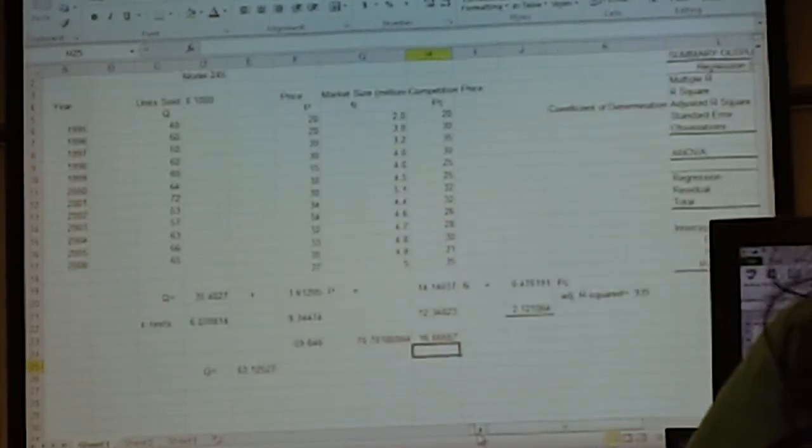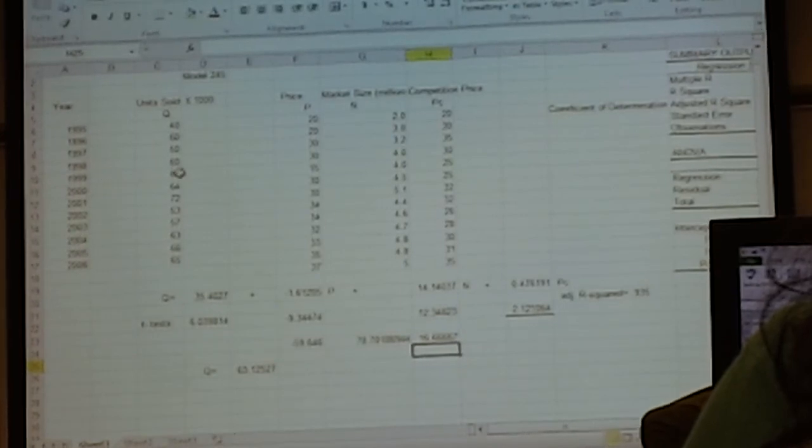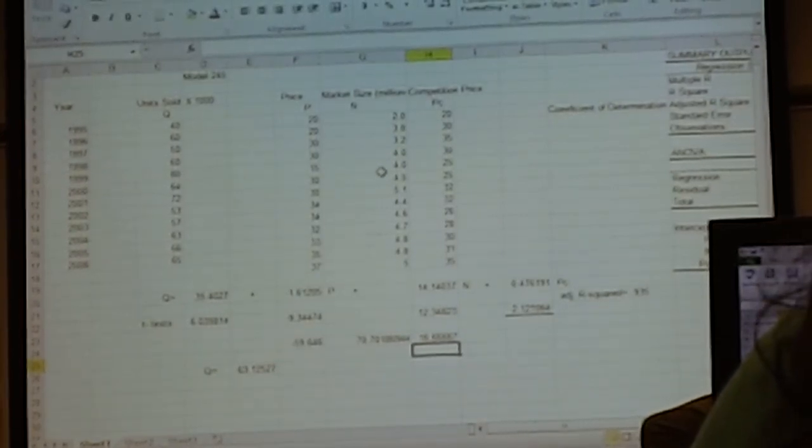In 1999, if you look at the units sold, it's 80, right? And the price is 15. If you go to the next year, the price is 30 and you sell 64.